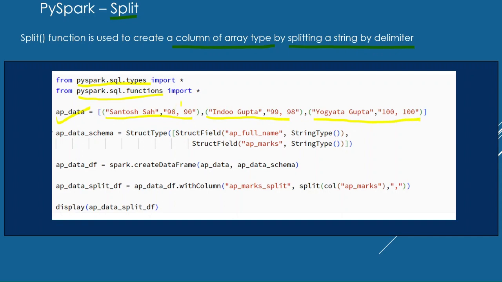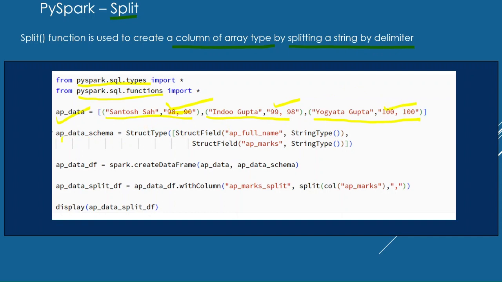The objects which we are going to store in this list variable are of string type, separated by comma. Same here, this is also a string which is separated by comma. This is also a string which is separated by comma.